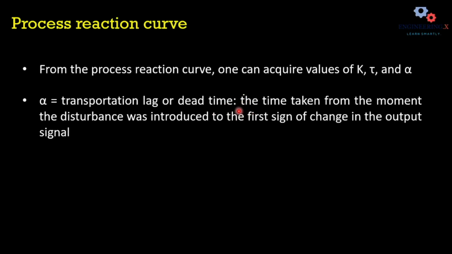How can we define it? It is the time taken from the moment the disturbance was introduced to the first sign of change in the output signal. We will see all these concepts in the next slides, where we are going to draw the process reaction curve, and tau is the time for the response to occur.